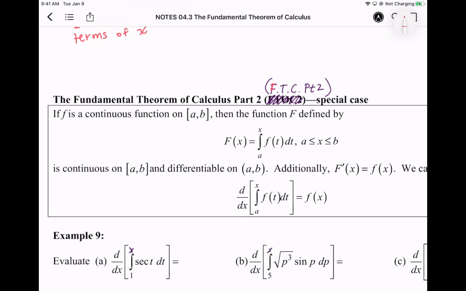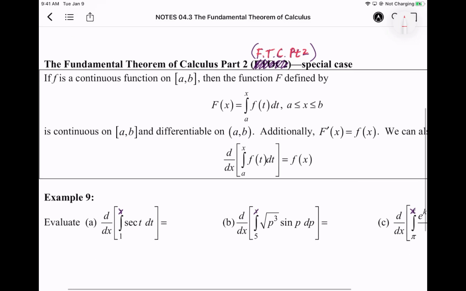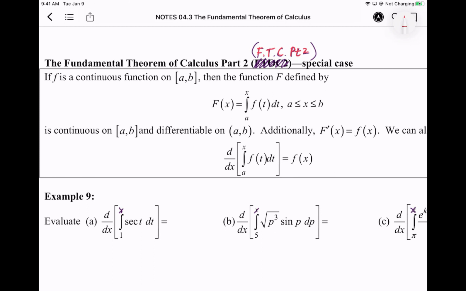which I'm just going to call FTC part 2, slightly different from what the person who made the notes called it. What the fundamental theorem of calculus part 2 says is that if we have a function, big F, and if this big F consists of an integral of little f, then big F prime equals f.